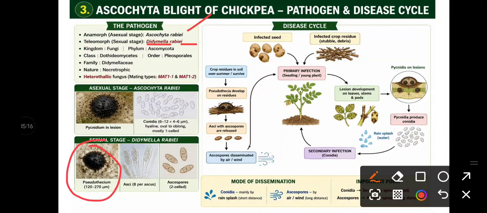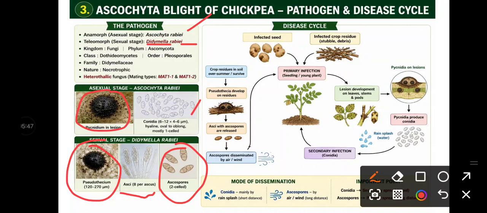The pseudothecium is the sexual fruiting body inside which ascospores are produced. These are two-celled ascospores. Inside each ascus, 8 ascospores are there. Here you can see the pycnidia, the asexual fruiting body produced by Ascochyta rabiei. The conidia are oval to oblong, mostly one-celled, hyaline conidia.